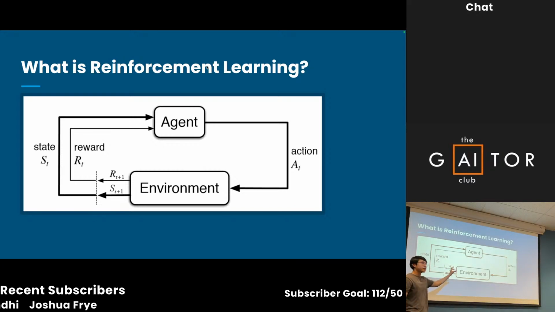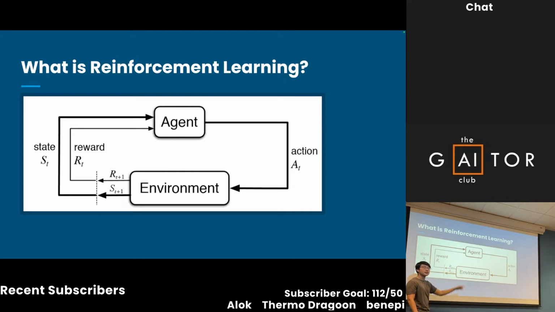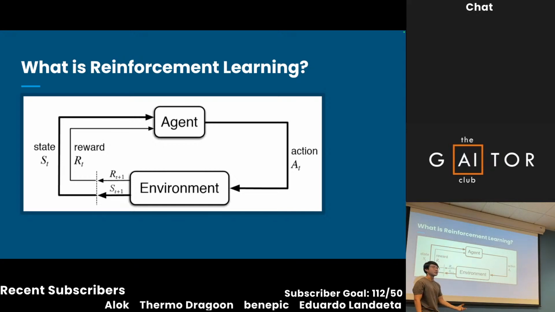The agent is the machine learning model, and the environment is the environment in which it's acting. When the agent takes an action, a_t, it changes the environment, and that environment gives back two things. First is the new state, and the second is a reward. For every action that an agent takes, it'll get a reward, and it'll also change the state. Does that make sense?